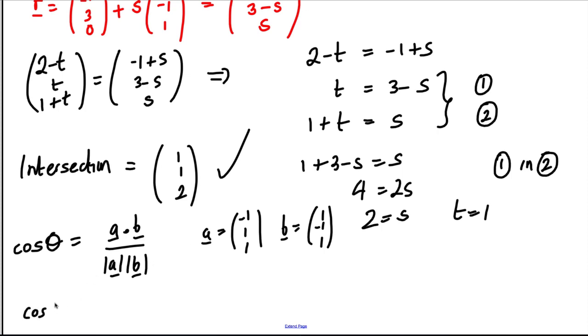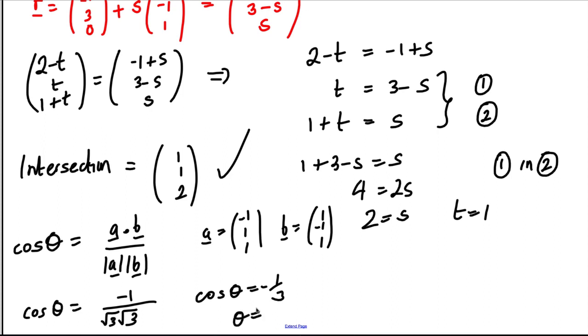Cos theta would be a dot b, which would turn out to be equal to negative 1 over the modulus of this one, which would be root 3, and the modulus of that one would be root 3, so it would be root 3 times root 3, which is 3 obviously. So cos theta is going to be equal to negative a third.